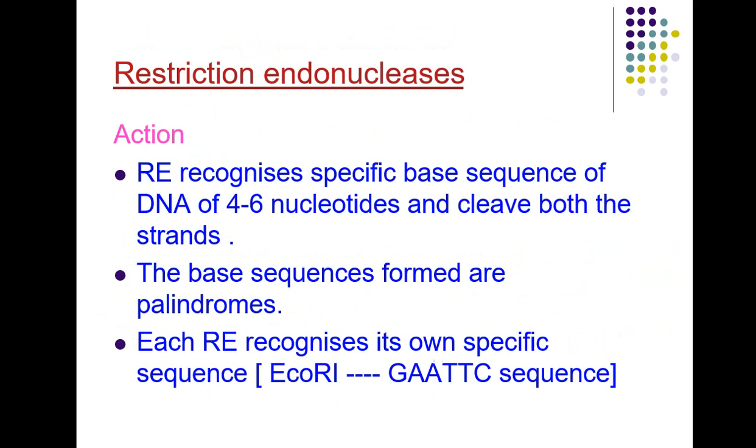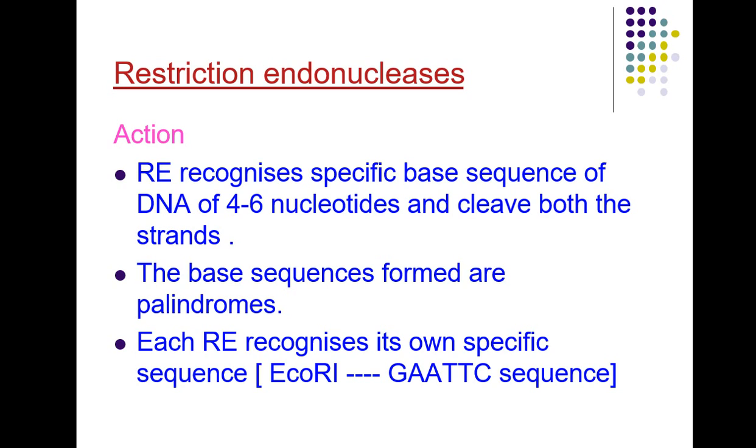Coming to more details about the action of restriction endonucleases. They recognize a specific base sequence of DNA of 4 to 6 nucleotides and cleave both strands. The base sequences are called palindromes, and each restriction endonuclease recognizes its own specific sequence.